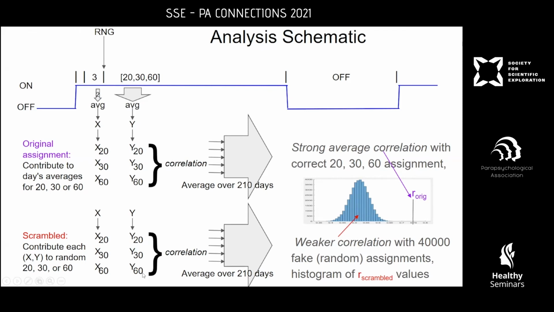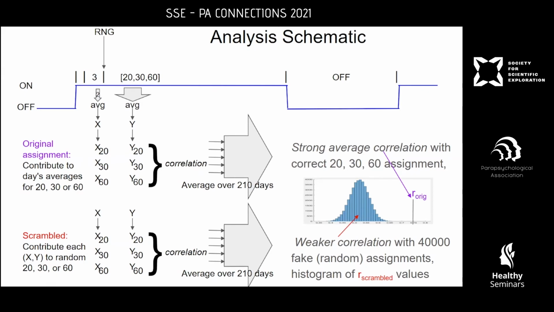So we preserve how many trials contribute to each. And if we do that correlation, we get, again, 210 R values, one for each day. And then averaging those 210 values, we get a much weaker correlation. And that's demonstrated by doing this scramble 40,000 times, 40,000 different random numbers. And that forms this histogram here shown, which forms quite a rather nice bell curve.